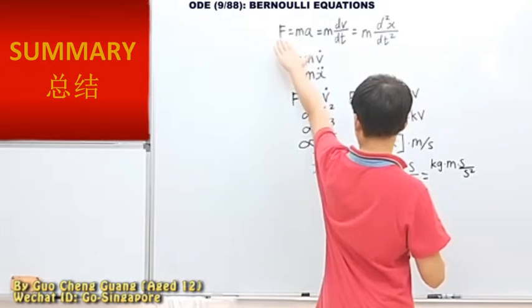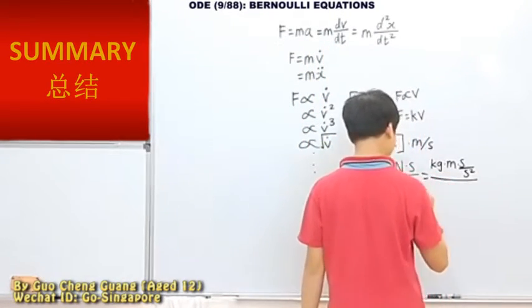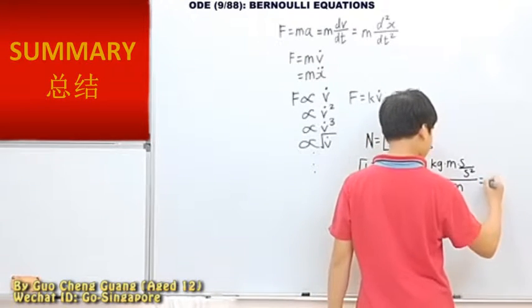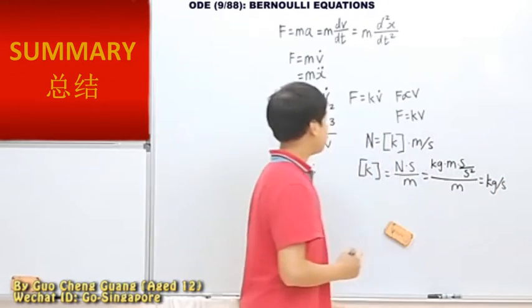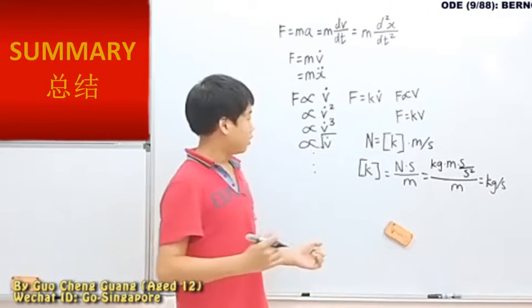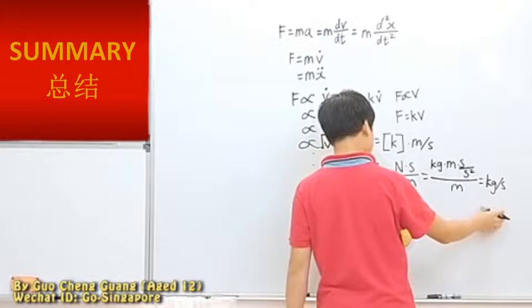The N is according to F here. So that means this is just kg per second. So if the unit of this k is kg per second, then it's alright.